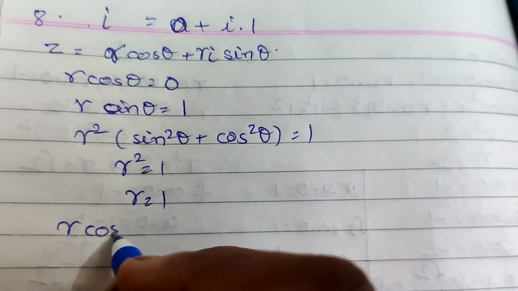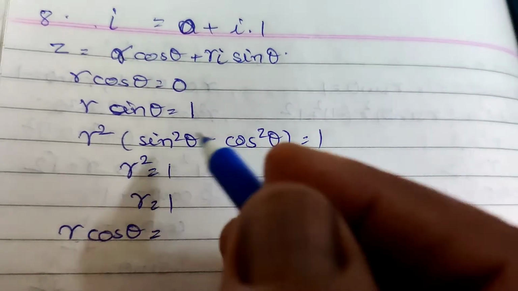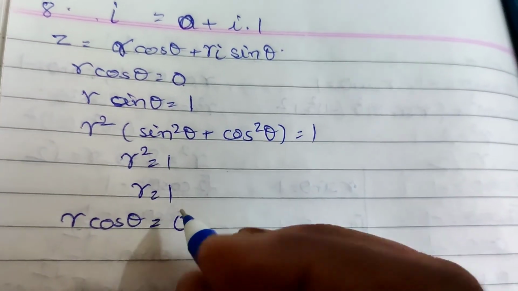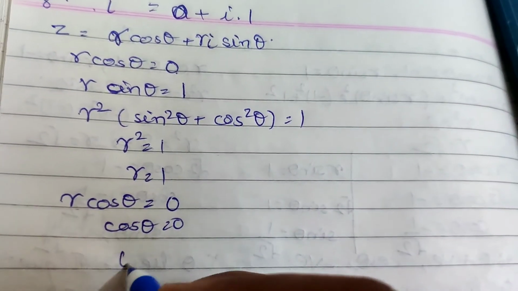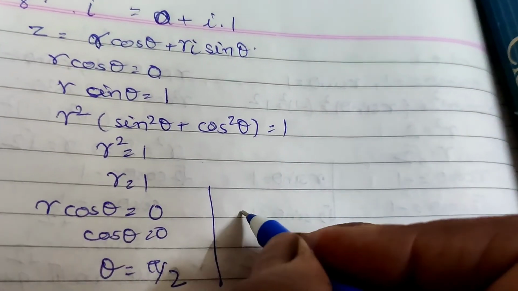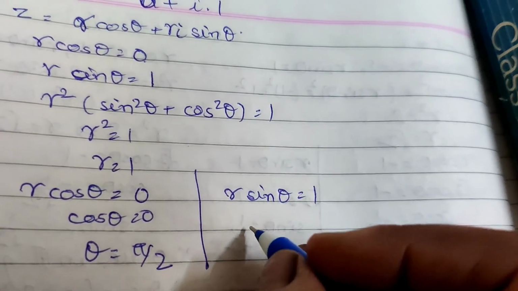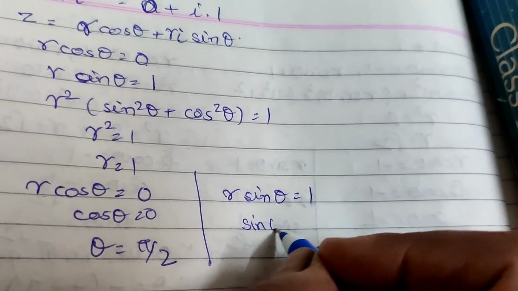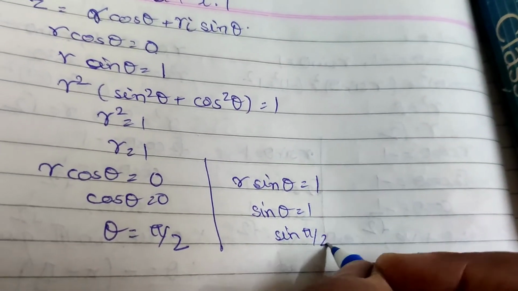R cos theta equal to 0, so cos theta equal to 0, it means theta equal to pi by 2. Same, r sin theta equal to 1, sin theta equal to 1, sin pi by 2.